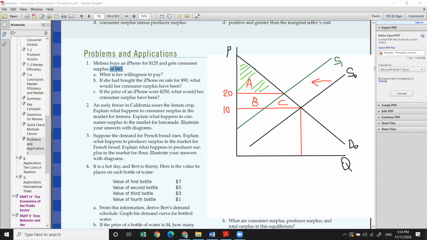Lemons are produced from the lemon crop, and something happens with nature, and it just goes down. So the event that affects the consumer surplus in one market often has an effect on the consumer surplus in another market. This is what you should understand. Is that clear? Like if the event happened, look, in California in the lemon crop, and it directly affected two different markets.